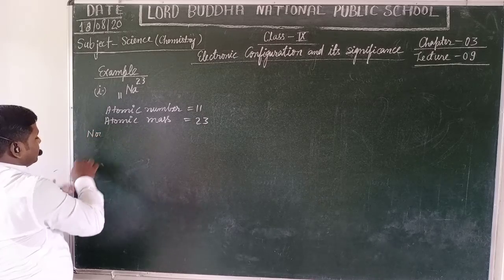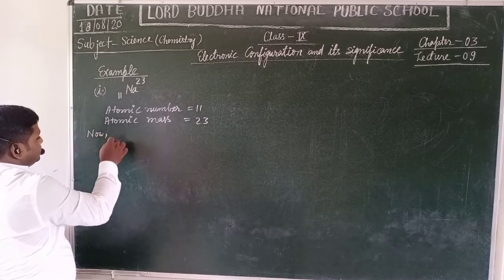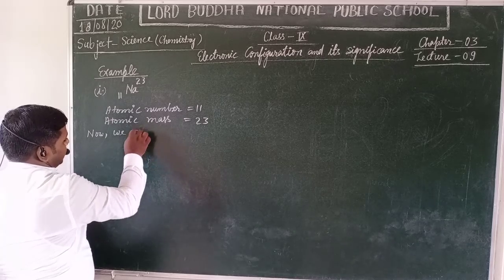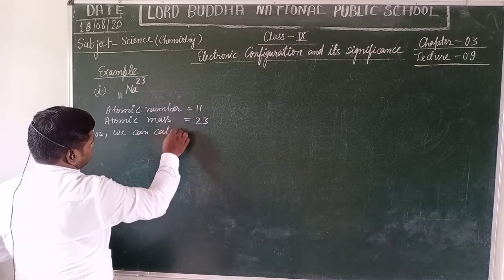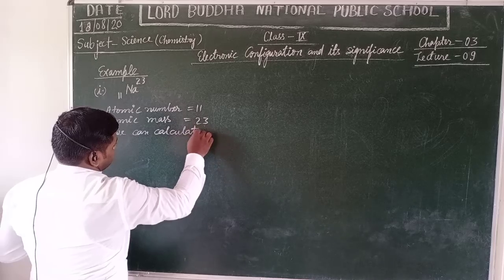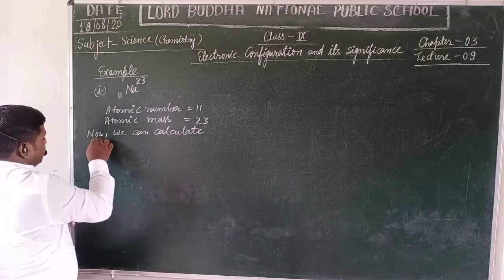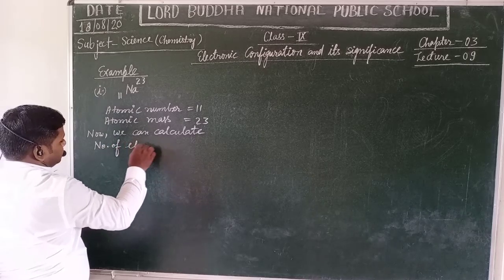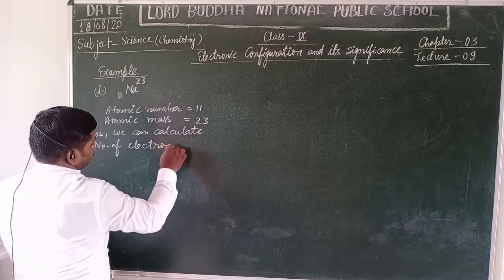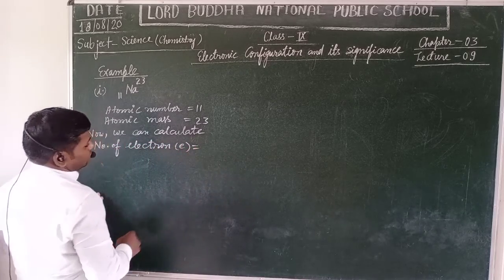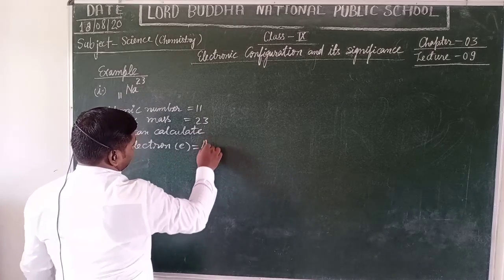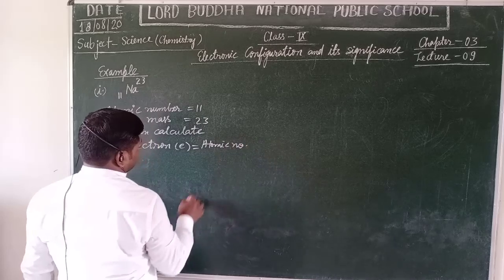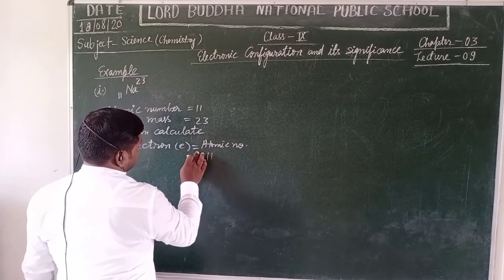Now we can calculate: number of electrons is equal to atomic number, which is 11.